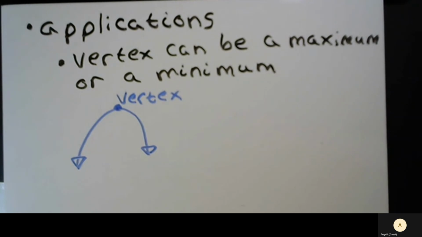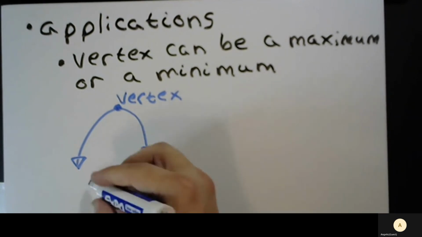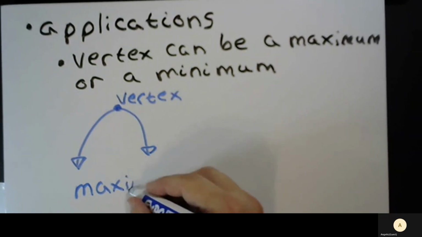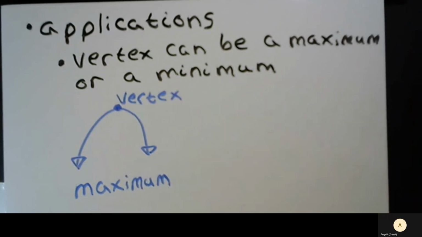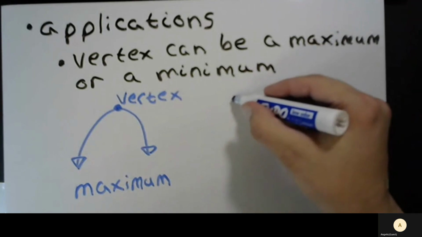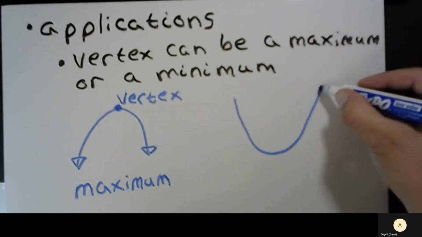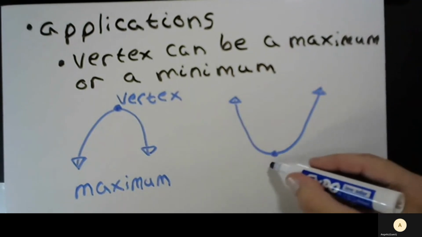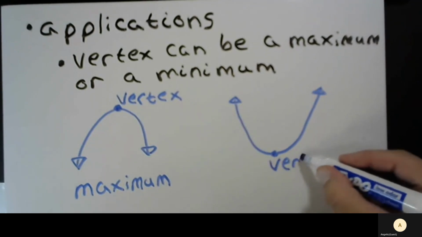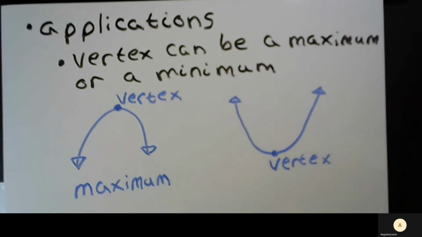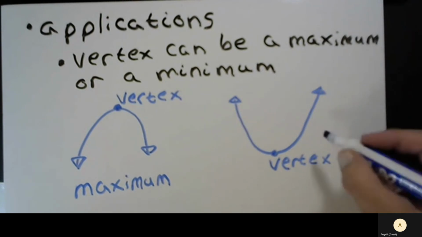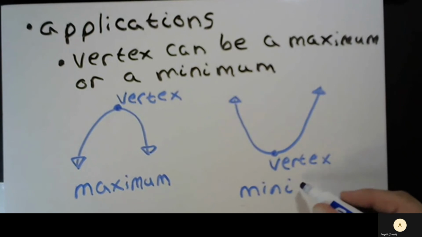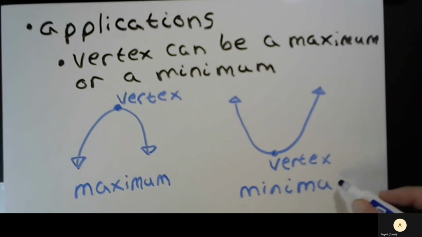So this would be a maximum. And then on the parabolas we've been looking at, we've been graphing, here the vertex represents a minimum.